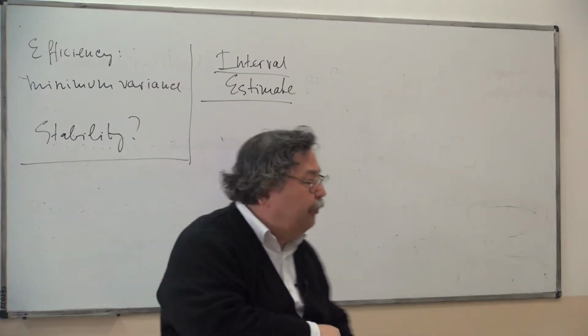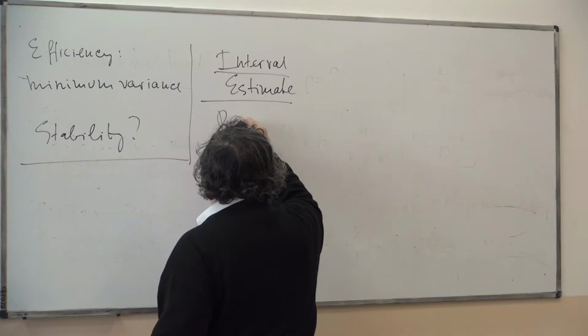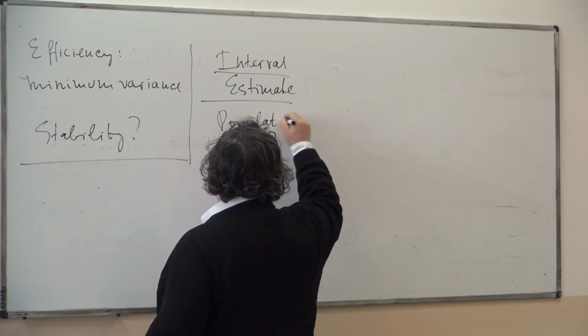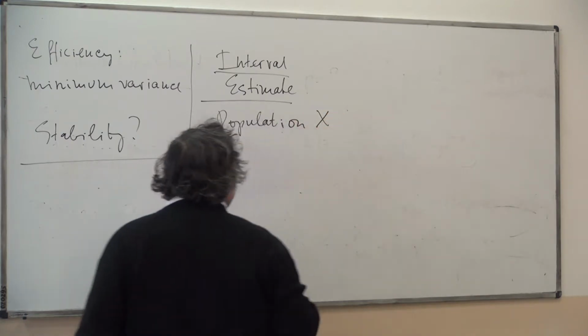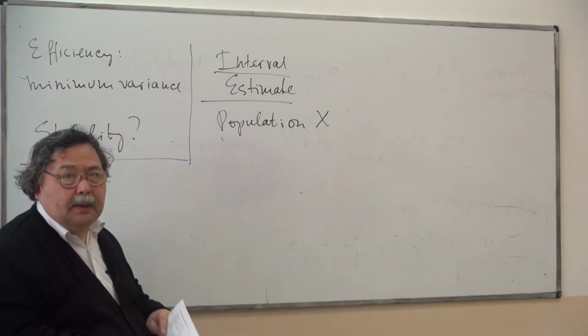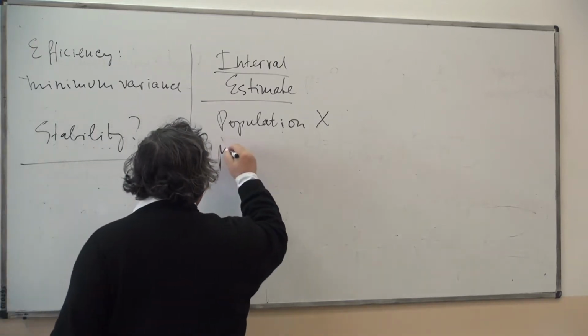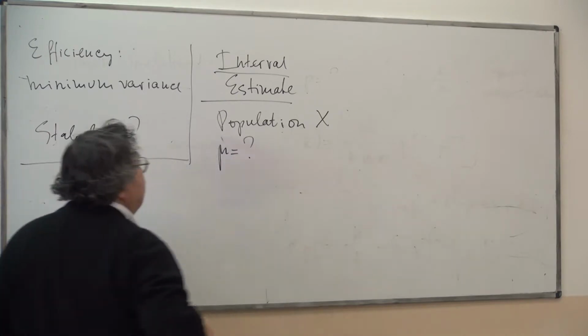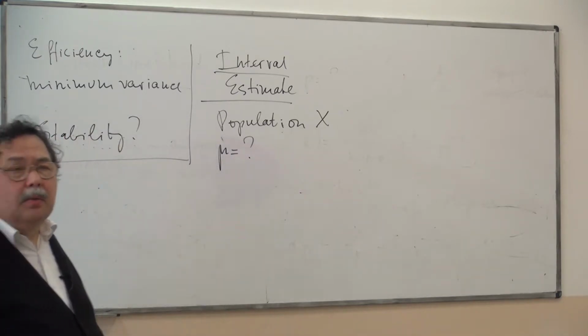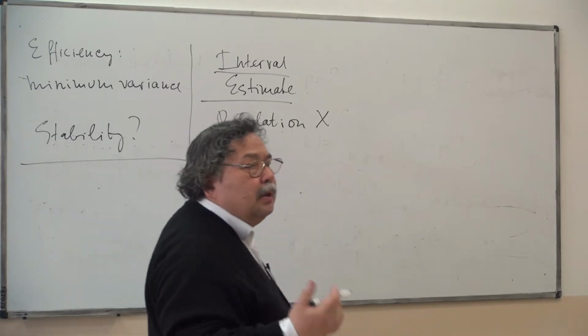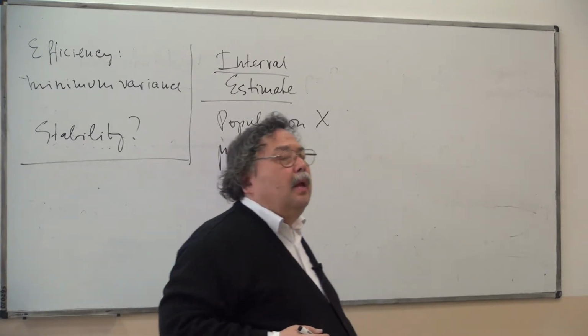Now, again, we assume that we have a certain population variable, x. And mu is unknown. Mu is the object of estimation.